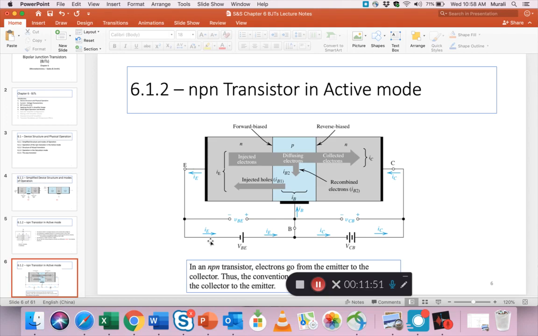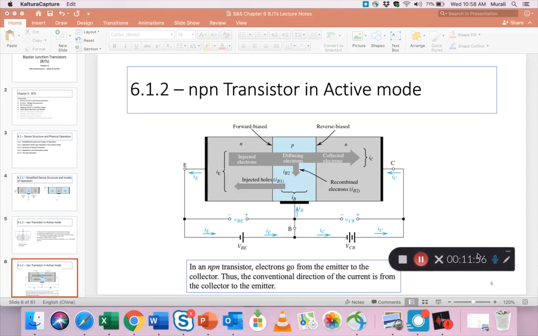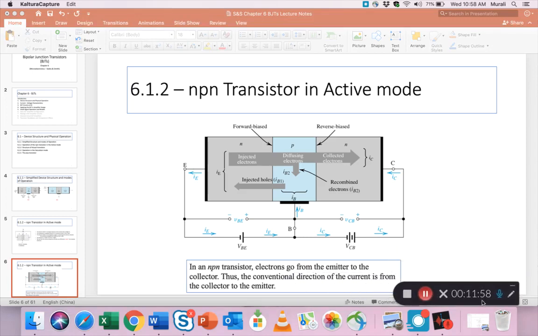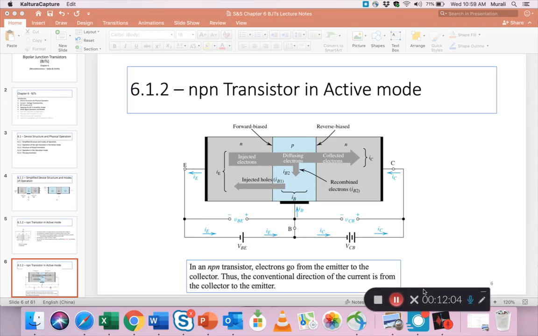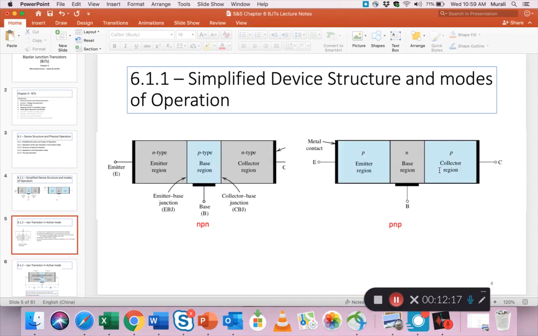So I move to slide 6, and here is a little more detailed analysis of the transistor. Okay, so what you notice is a bunch of currents and voltages have all been attached, right? 2 slides ago we showed you the block of an NPN transistor.